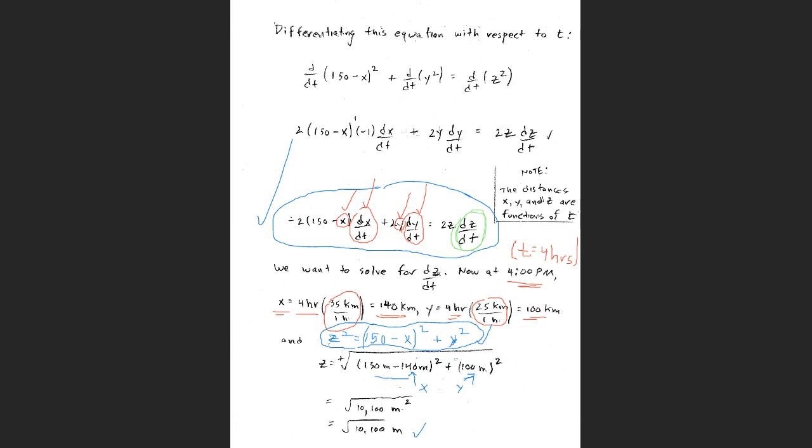And you notice when we did the rates up here, I'd like to include units sometimes when I do my computations, because x is a distance. So if I take the rate 35 kilometers per hour, multiply by 4 hours, I get a distance. It just gives me a comfortable feeling. Now, one moment.